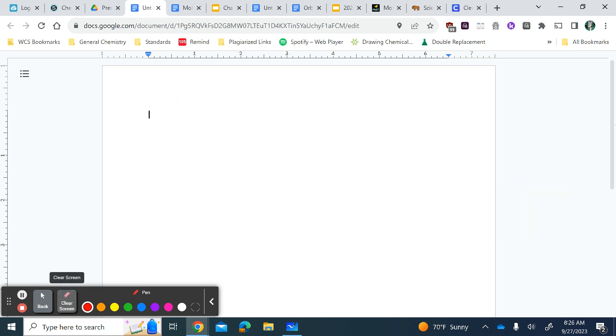If we're going to work through an example on these, and I were to give you an unknown molecule, let's say we have the molecule SCl2. We have sulfur. We know that sulfur is going to have a total of 6 valence electrons around it. And we have chlorine. Chlorine has a total of 7 valence electrons around it.